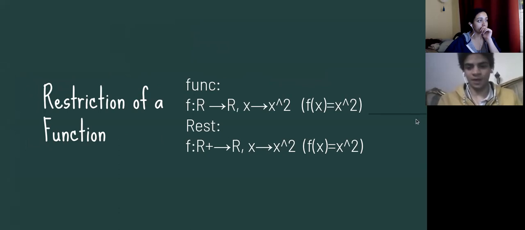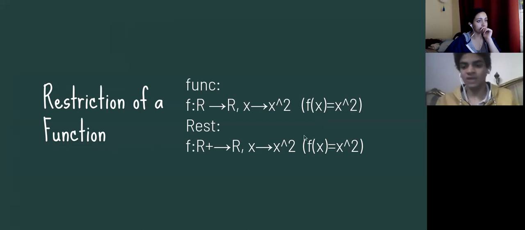So an example for this, I hope the example makes it clear, is if we are dealing with a function, for example, f of x equals x squared. If I'm dealing from the domain of R to R, I can restrict that from R plus to R. So first, I'm dealing with the same function. In all cases, f of x equals x squared.